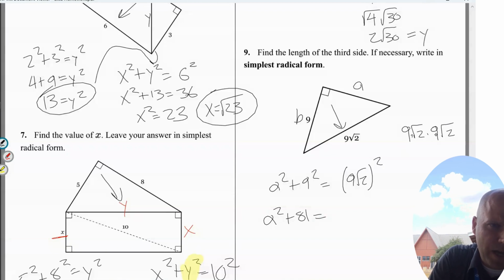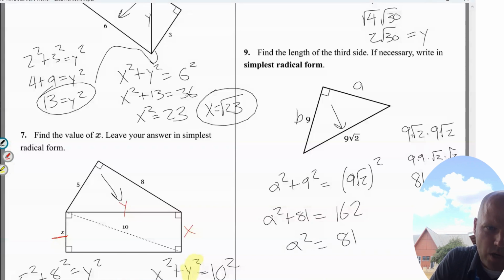You can multiply these 4 things in any order. So I could do 9 times 9 and root 2 times root 2. Now, 9 times 9 is 81. Root 2 times root 2 is 2, or root 4, which is 2. 81 times 2 is 162. Now, watch that. I'm going to subtract 81, and oh yeah, I get 81. Oh, A has to be 9.